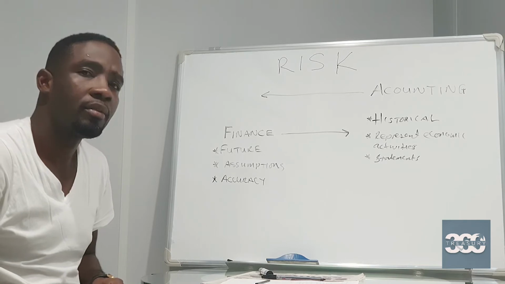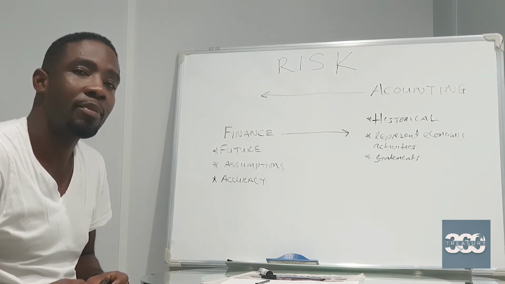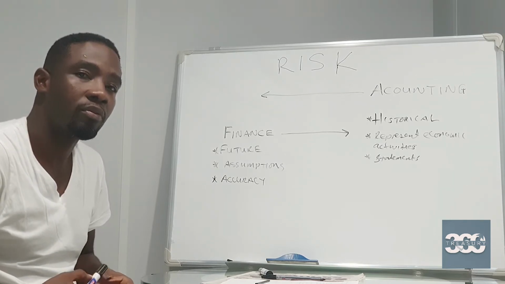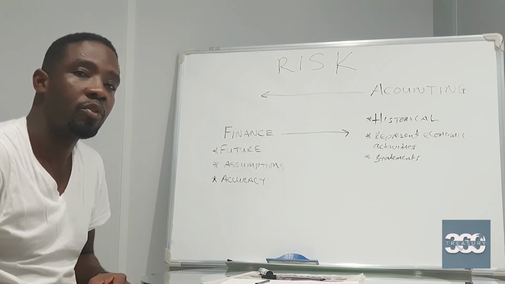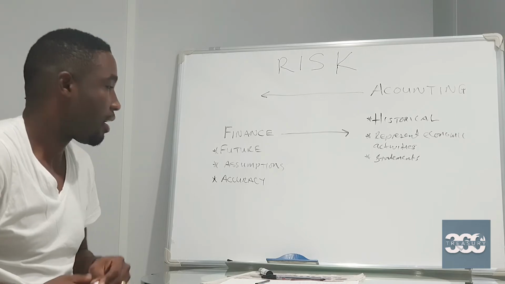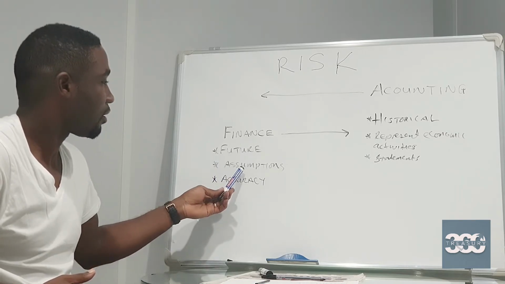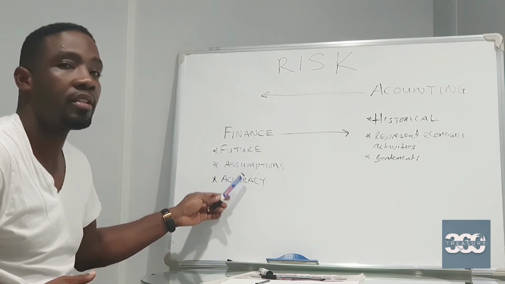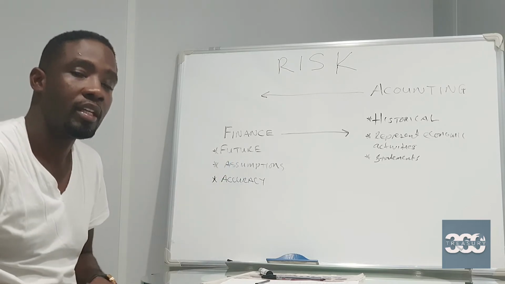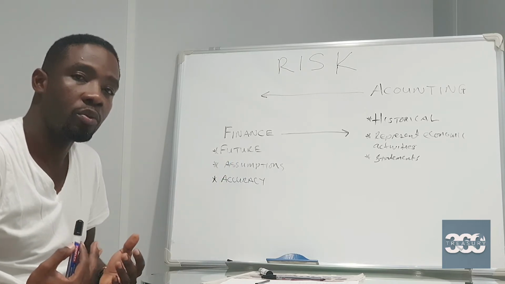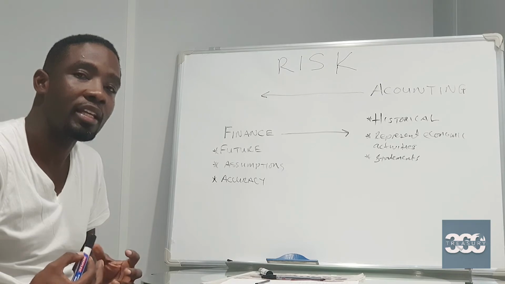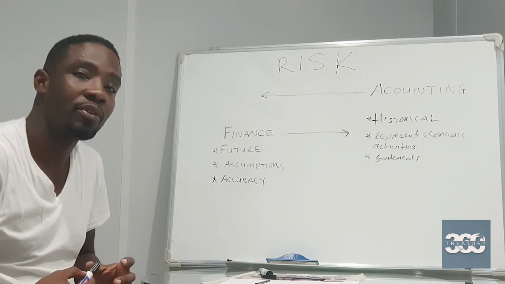So an accounting person views risk as a misrepresentation of things that happened in the past, and a finance person views risk as assumptions that may be inaccurate in the future. These two views are important and must reside in a person that wants to be successful in a treasury environment.